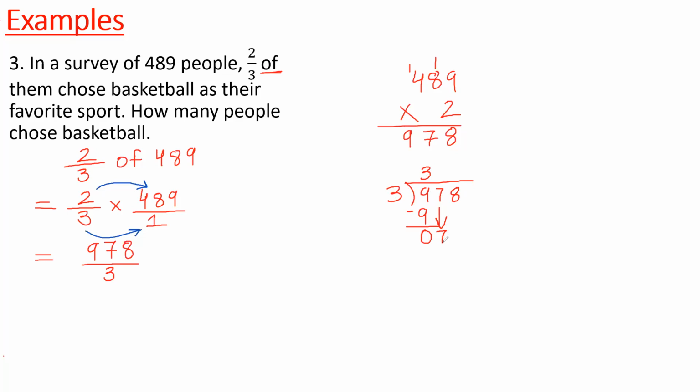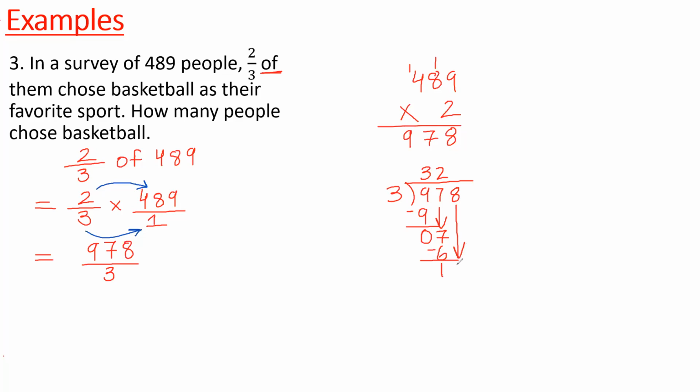How many times does 3 go into 7? Twice. 3 times 2 is 6. We do 7 minus 6. What is 7 minus 6? 1. Very good.